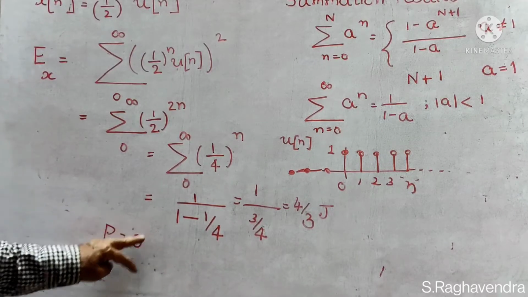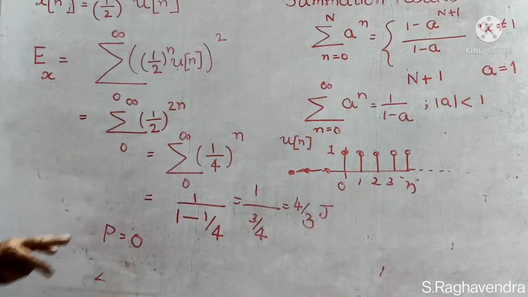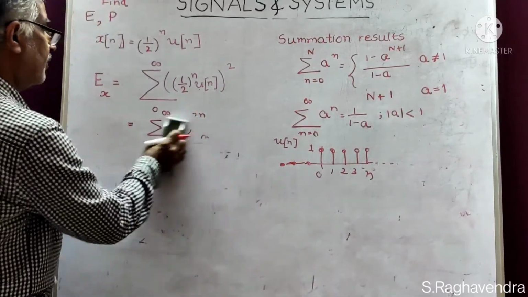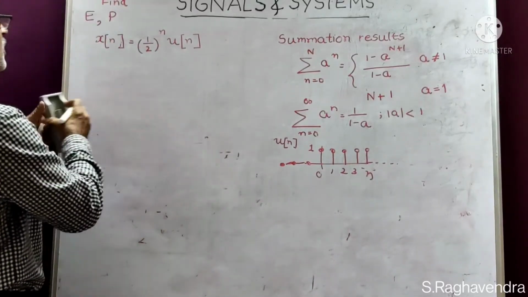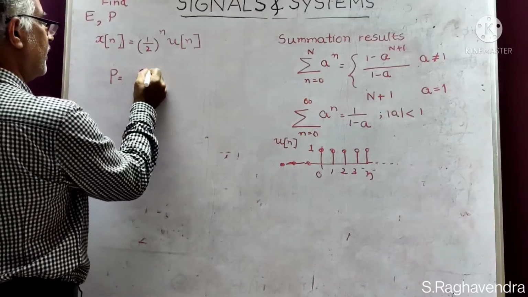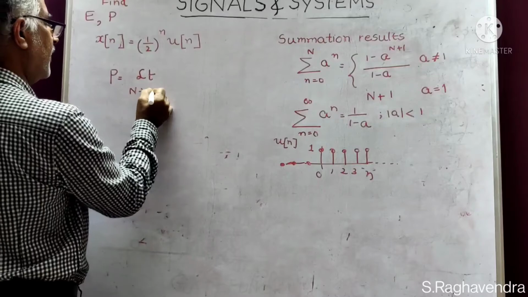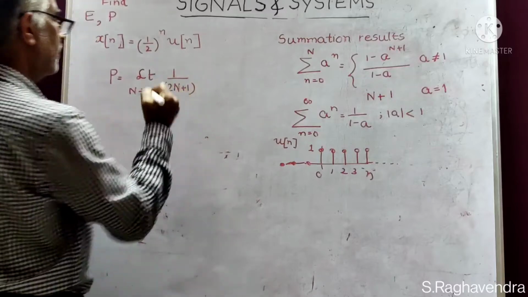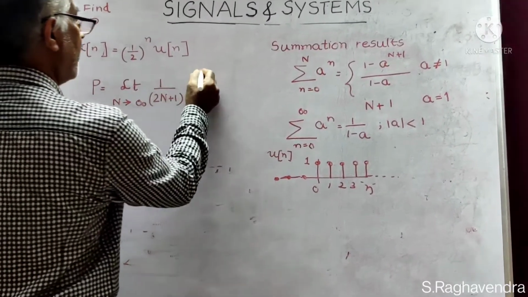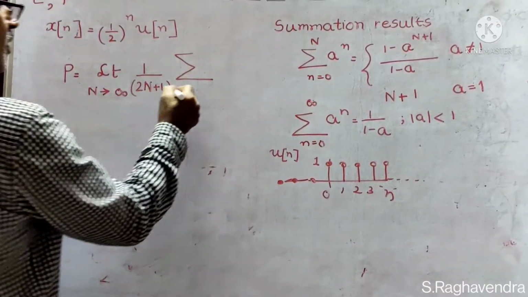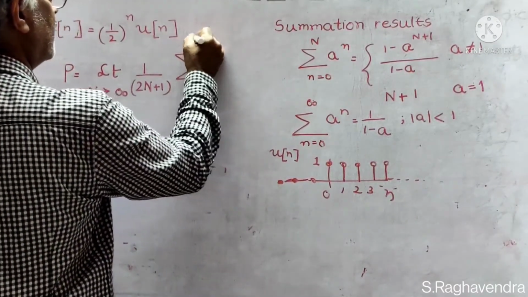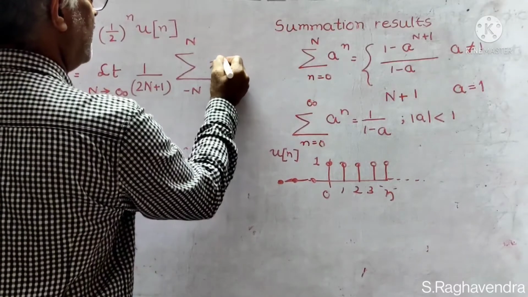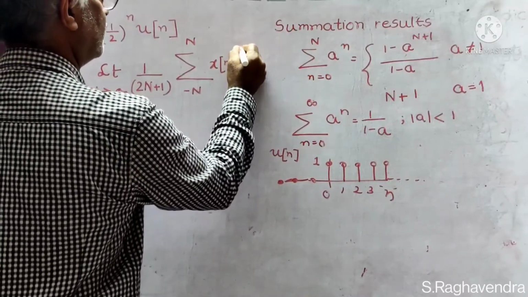Anyhow, you are going to get 0, or I will work it out, no problem. Next, power. The power formula, remember, is P equals limit n tending to infinity of 1 over 2n plus 1, summation from minus n to plus n of x of n whole square.